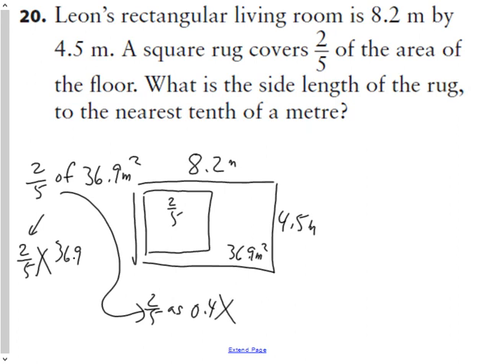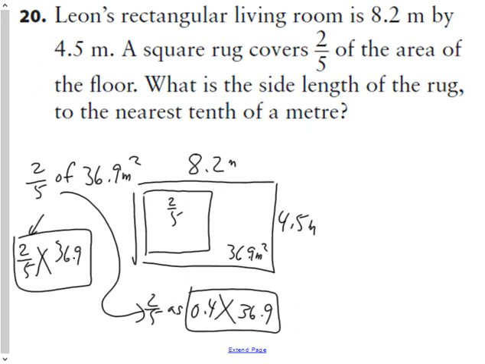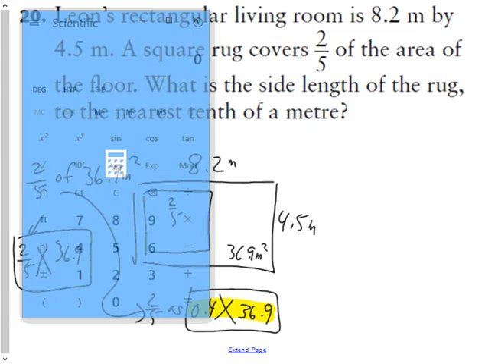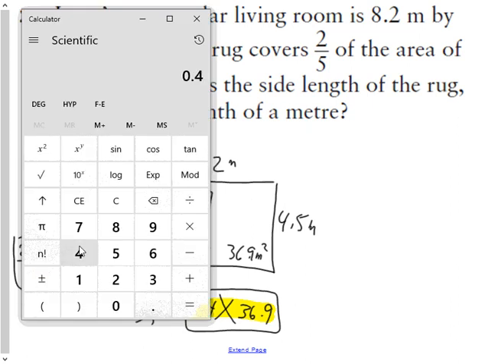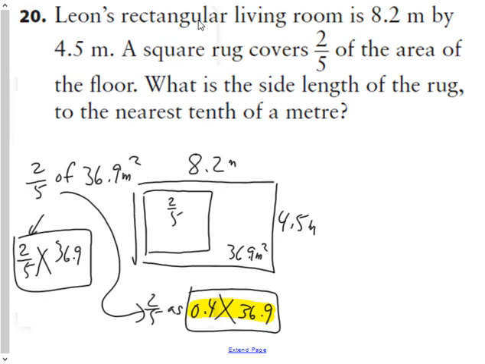So 4/10 of 36.9. Given the two types of questions, I think most of us would probably choose the multiplication of decimals, because I can just grab my calculator and go 2/5 or 4/10 of 36.9 is 14.76.